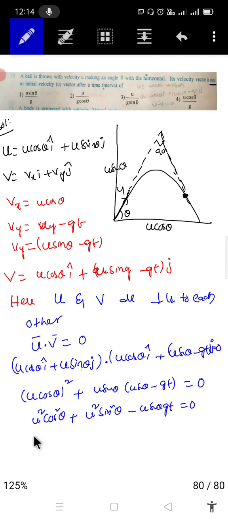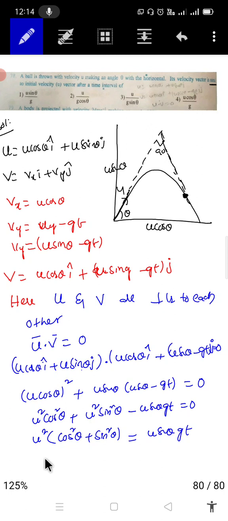Here we take the common factor u squared. If you take the common factor u squared, this is cos squared theta plus sin squared theta, and the minus term goes to that side, u sin theta gt. Cos squared theta plus sin squared theta is equal to 1.